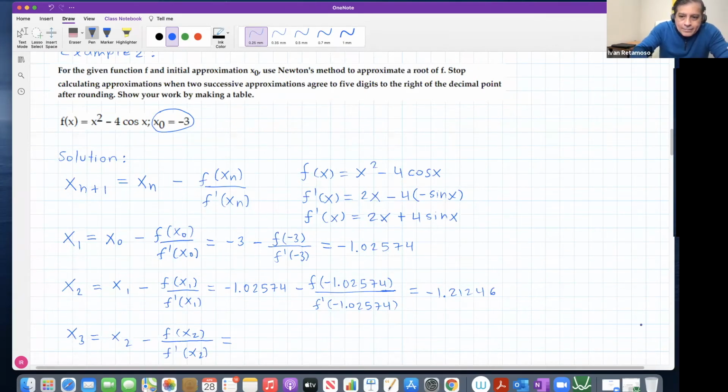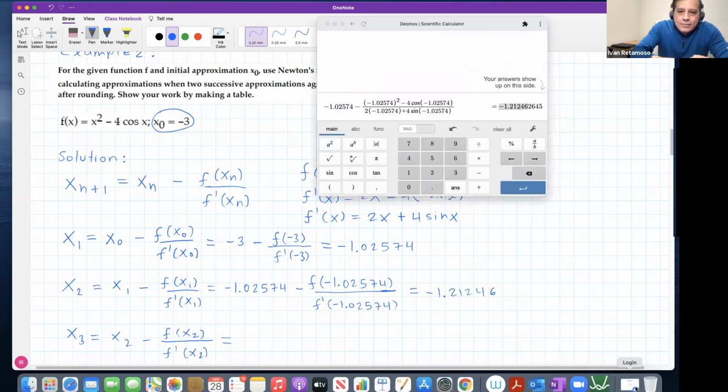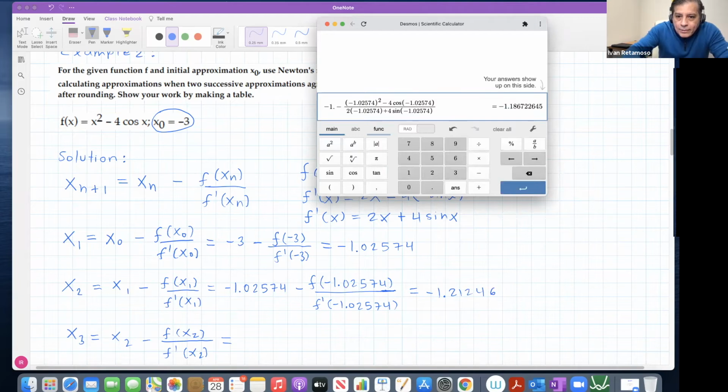For that, I kept my previous computation, so it's all about changing all these guys within parentheses for this new value. So I'm gonna change this for minus 1.21246, and then I just copy and paste this to be efficient.